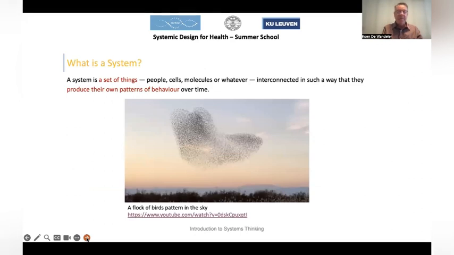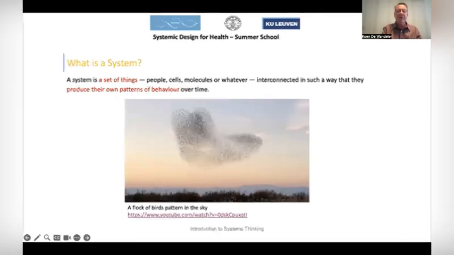What is a system? It's a set of things that are interconnected in such a way that they produce their own patterns of behavior over time.